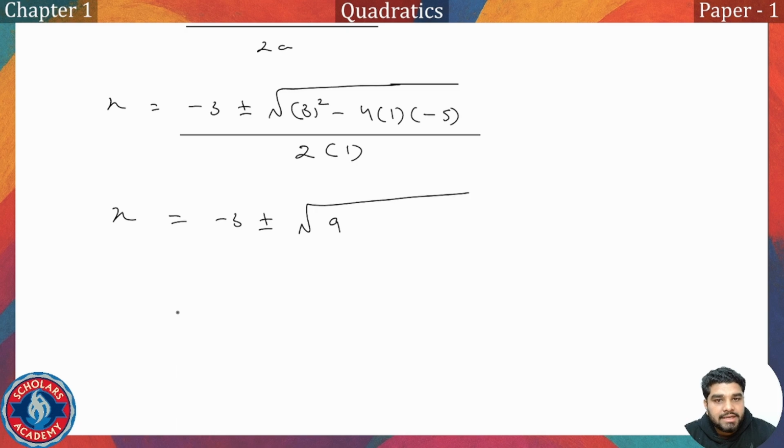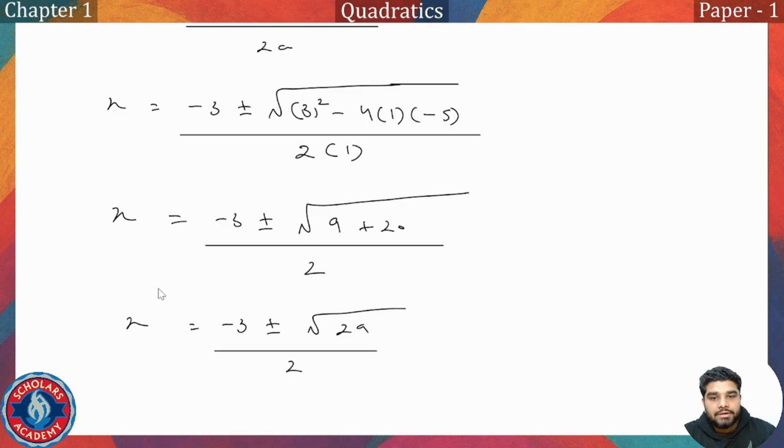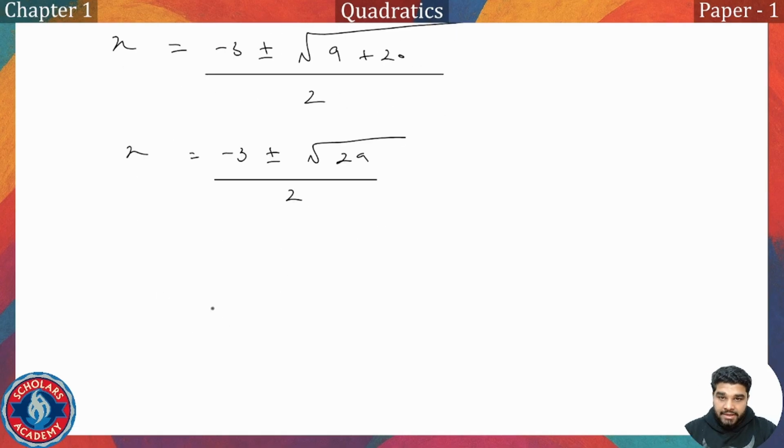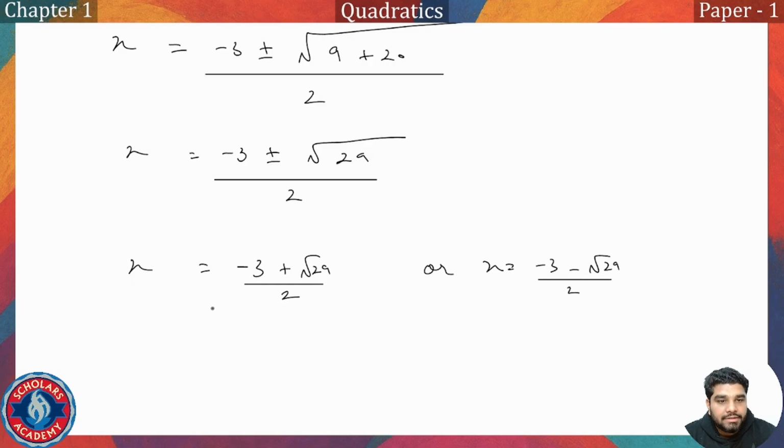Square of 3 is 9, and negative negative positive 4 times 5 is 20, and we get 29. So x is equal to minus 3 plus minus root of 29. Root 29 is a prime number, so we can leave this like this. One solution is negative 3 plus root 29 by 2. Another solution is x is equal to negative 3 minus root of 29 by 2.